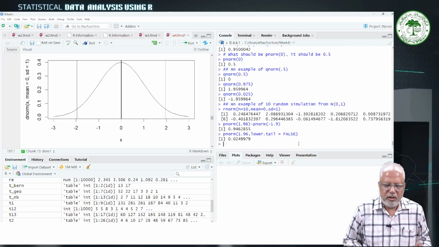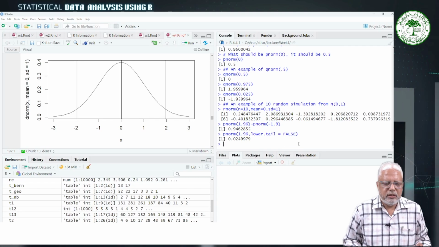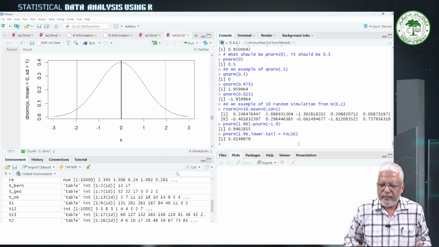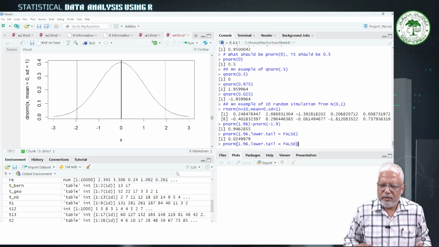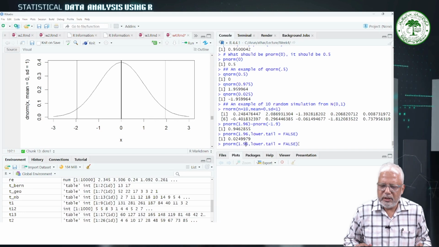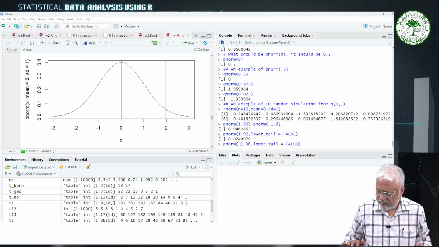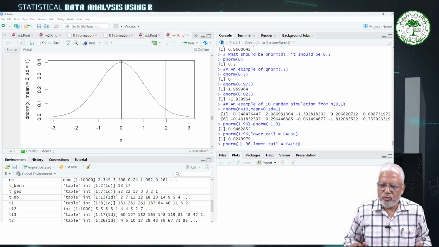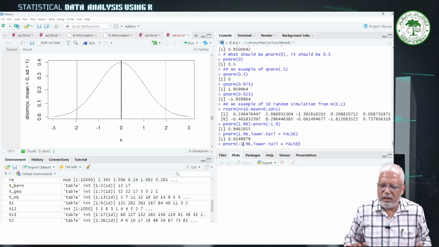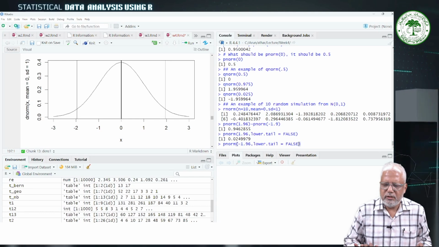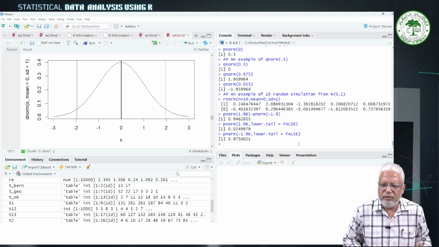So this way we can get these results, area greater than. Similarly, pnorm with lower.tail is equal to FALSE, that means the area greater than minus 1.96, so it is 0.975.